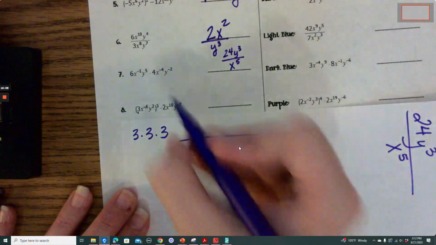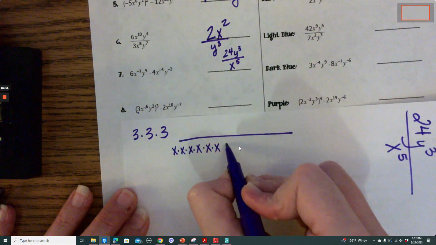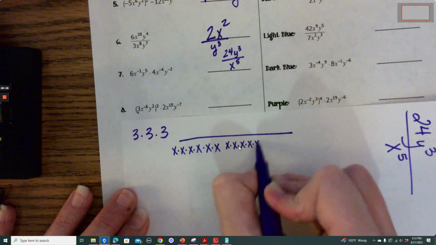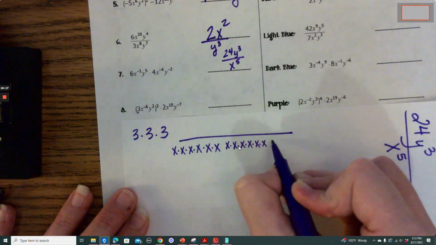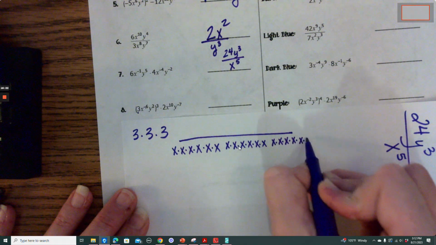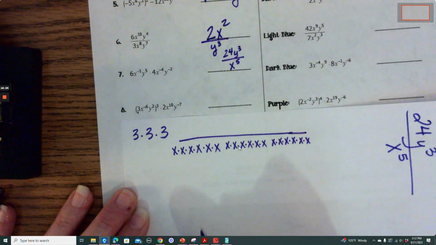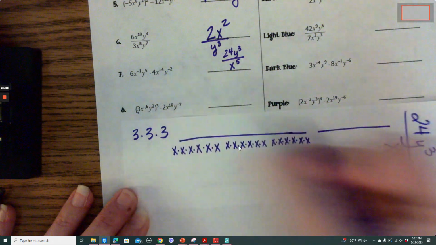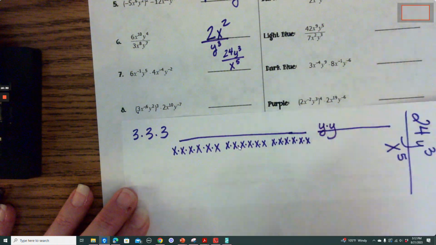But I have to do it 3 times. 1, 2, 3, 4, 5, 6. 1, 2, 3, 4, 5, 6. And then y squared, that's top of the fraction, but I have to do it 3 times. So that's y squared.